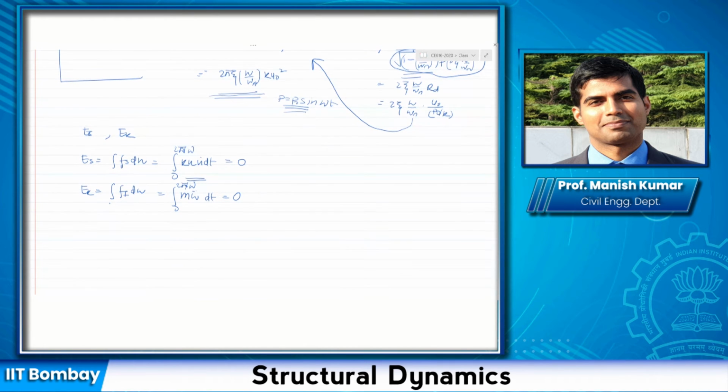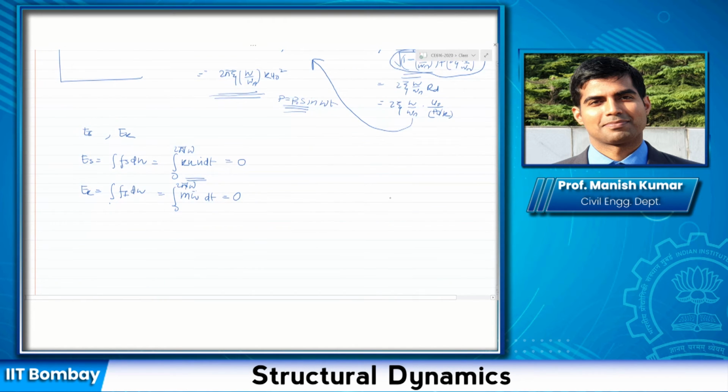Like initially, if some energy was there, at the end of the cycle there is no net change in the energy. The energy would fluctuate, because your deformation starts with a certain value and goes to another value.